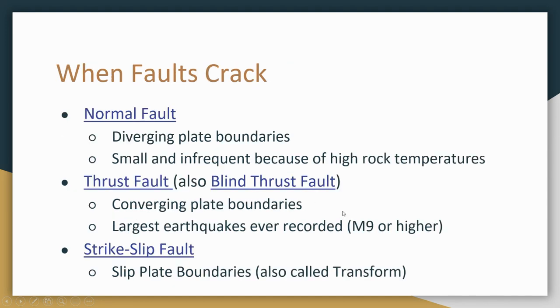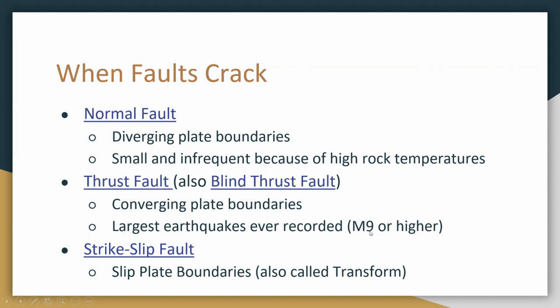So, back here, if I had a magnitude 9 earthquake at a thrust fault, and then I had a slip plate fault earthquake that measured at an 8.0, which is about the scale of strike slip fault earthquakes. So magnitude 8 earthquake here and a magnitude 9 earthquake here.